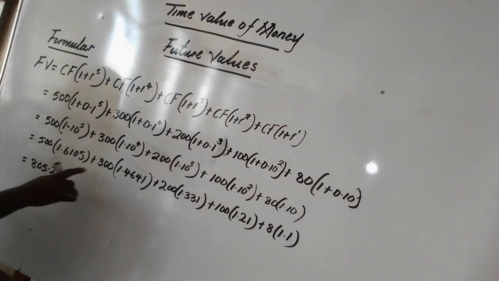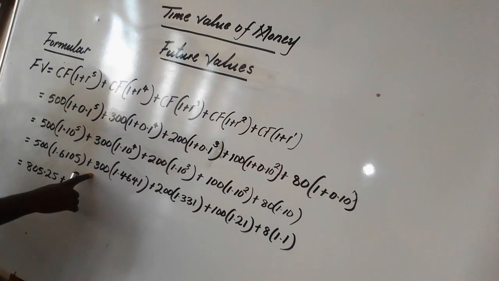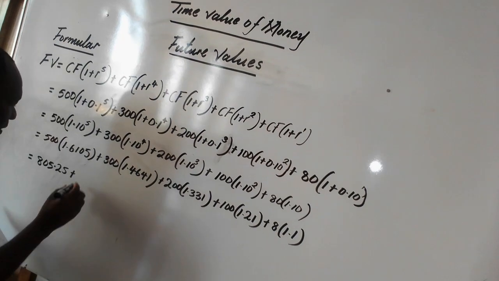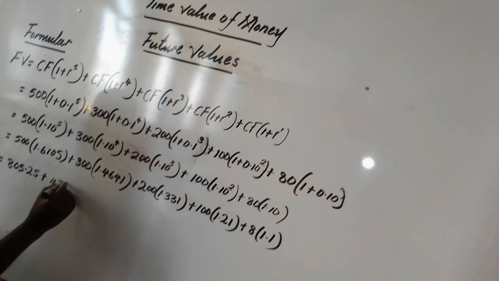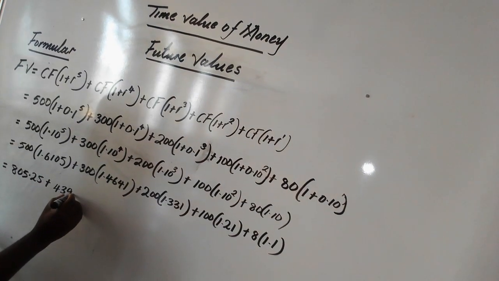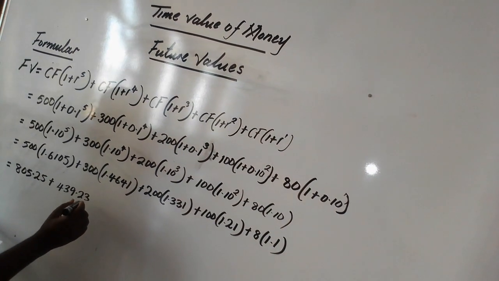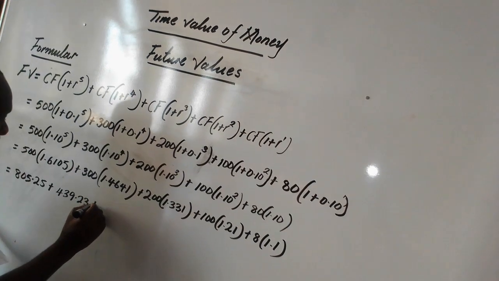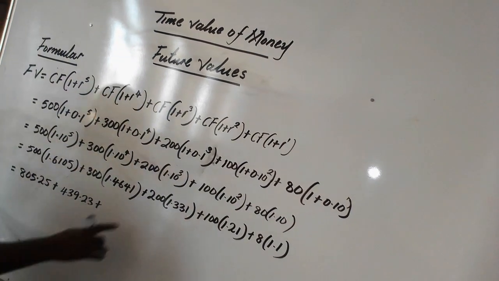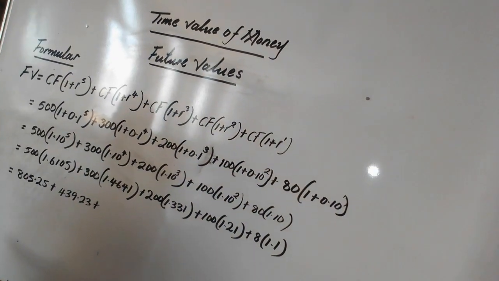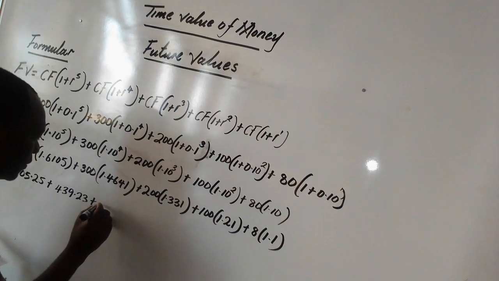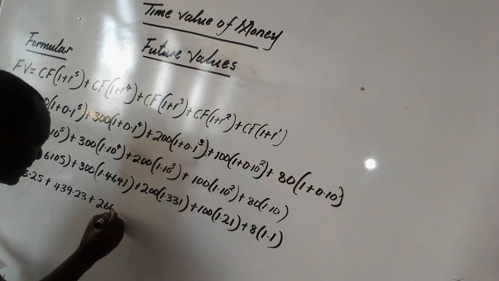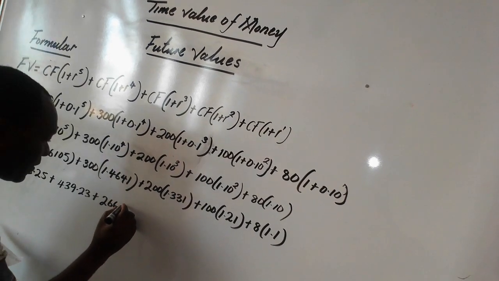Plus, when you multiply 300 by 1.4641, it will give you 439.23. Plus 200 multiplied by 1.331, it will give you 266.2.